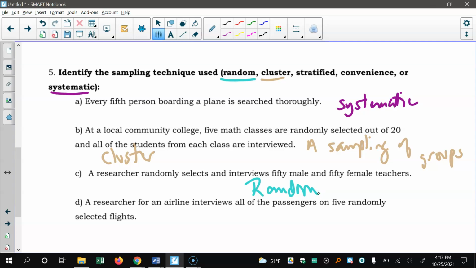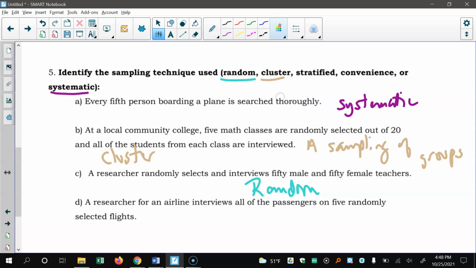And a researcher for an airline interviews all of the passengers on 5 randomly selected flights. So this time it's all the passengers on 5 randomly selected flights. I'm going to do 2 things here, and I'm going to add to one of the other answers.